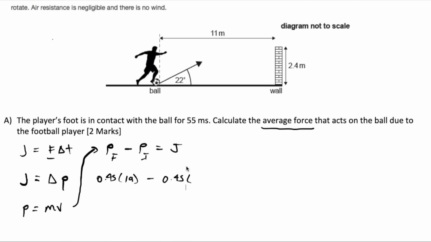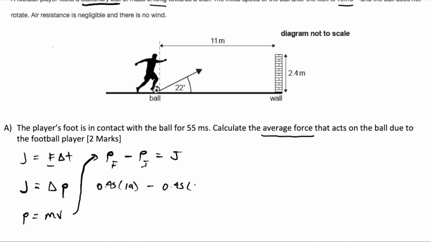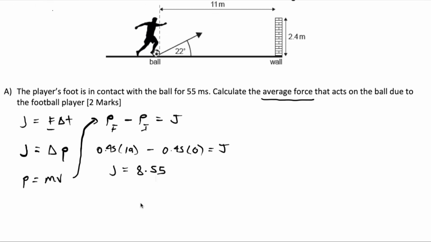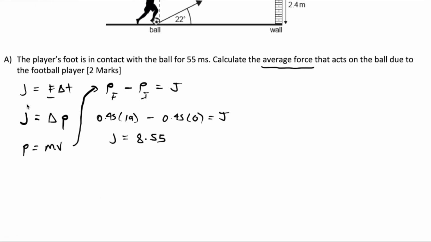The ball is stationary, so it has no velocity, 0, and that gives us our impulse. Solving this with a calculator, we get that impulse J is equal to 8.55.